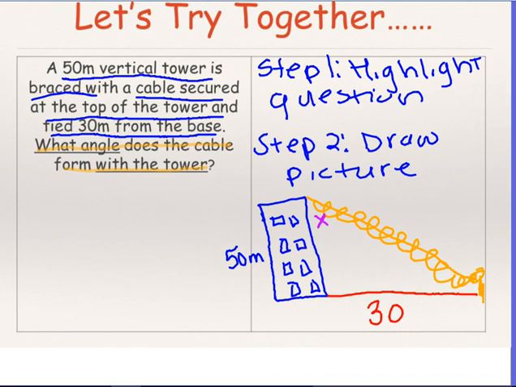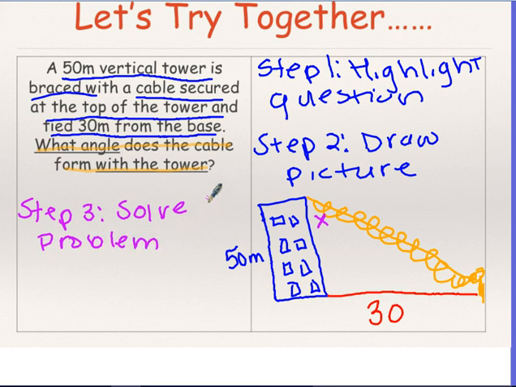Okay, so now I'm going to carry on to step 3. Step 3, solve the problem. Alright, so if I look at this, I know that I have two sides and I need to find the angle.